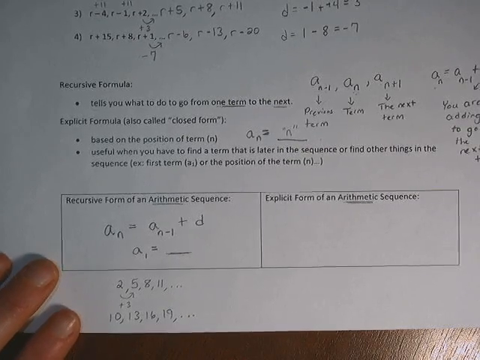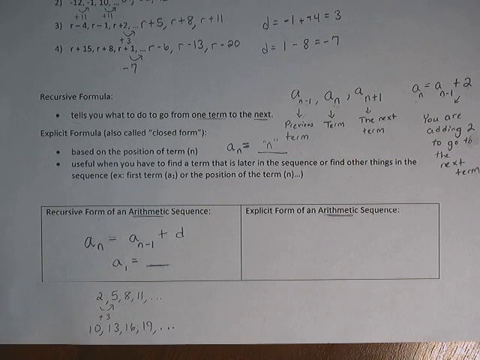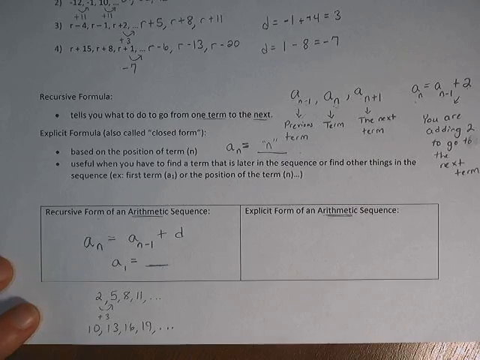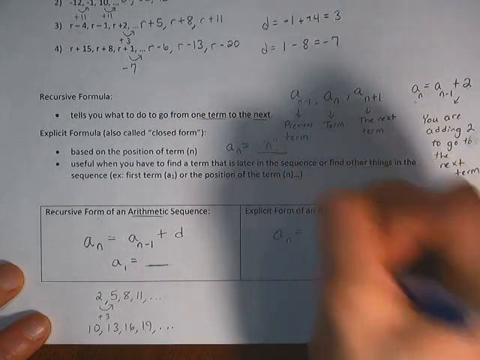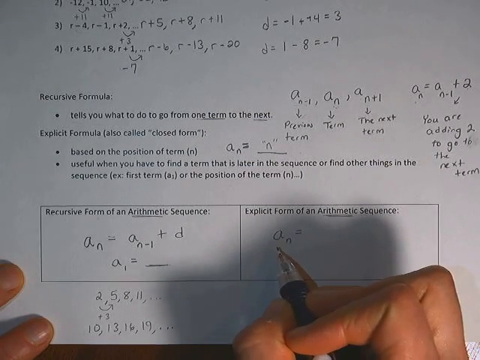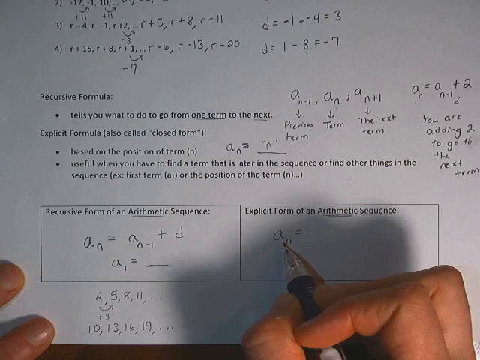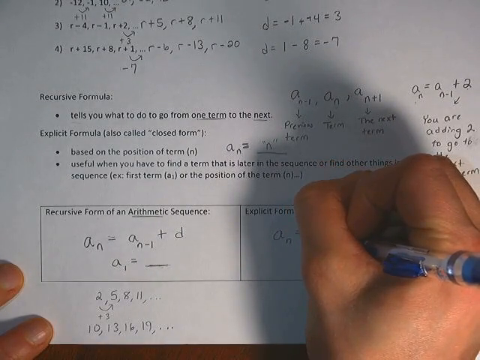Okay. Now the explicit form of an arithmetic sequence, there is a formula for it that you will be given on the final exam. And this is the formula right here. They will actually give you a sheet that has this formula on it. You just have to know how to use it. Okay. So this helps you find any term in your sequence given certain information, obviously.